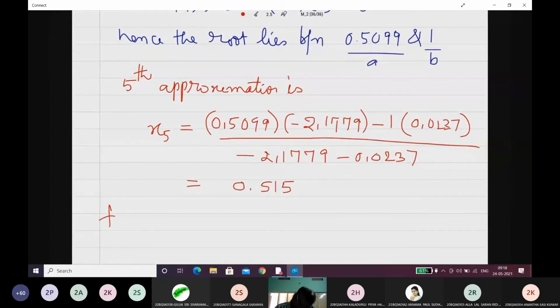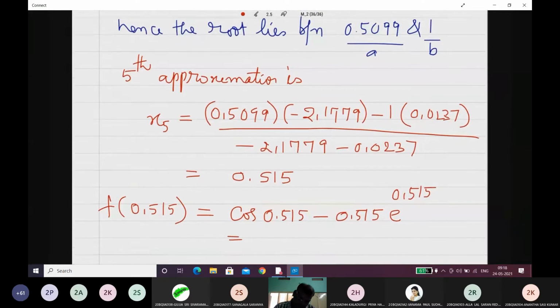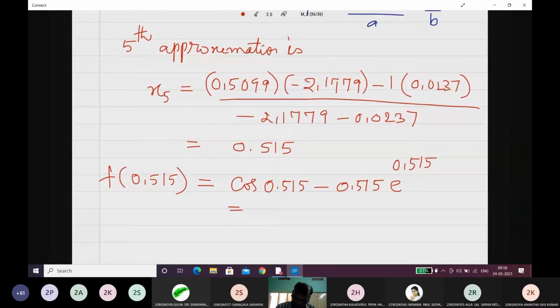Now f of 0.515 is equal to cos of 0.515 minus 0.515 into e power 0.515. What is its value?